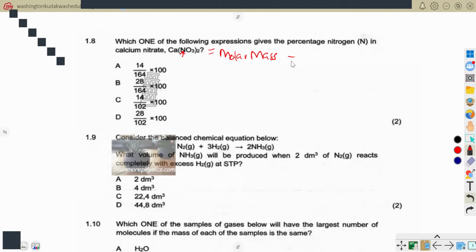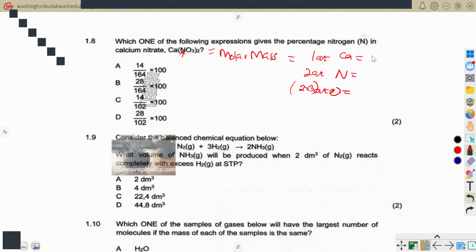When we calculate the molar mass, we are also going to see, in terms of its composition, how much of the nitrogen makes up the total molar mass. So you can see that the total molar mass would be given by one atom of calcium, and then 2 atoms of nitrogen, and then 2 times 3, which is 6 atoms of oxygen.